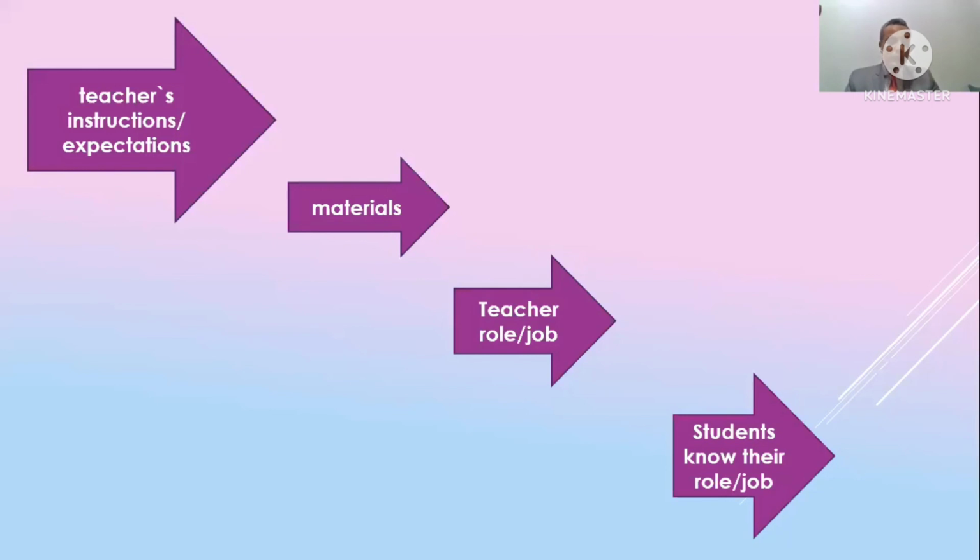So the teacher's instructions must be clear, and they should meet the expectations of the students, in material suitable for their mind and their age. And the teacher has a job in this kind of peer assessment. He has to go between each pair, moving around and not just watching. He has a job.